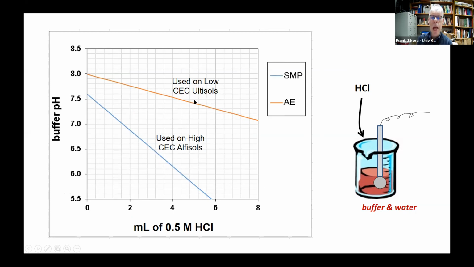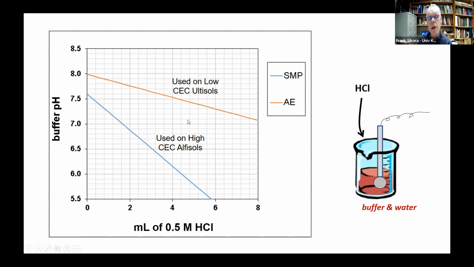The Adams-Evans, I'm sure everybody's aware, is used on ultisols, low CEC soils. It was developed in Alabama. The SMP buffer was developed in Ohio on higher CEC soils, such as those observed in alfisols.